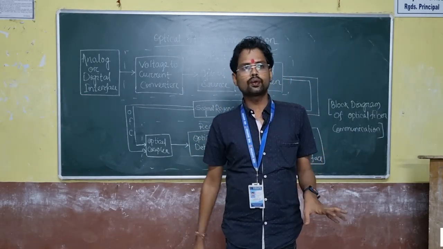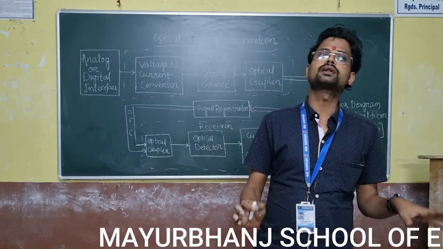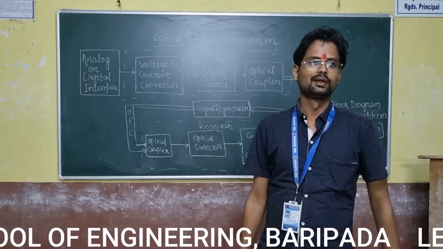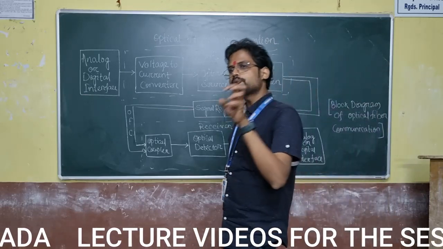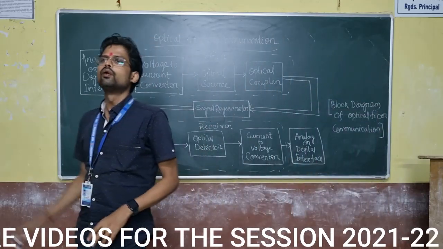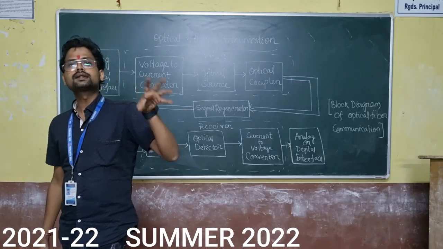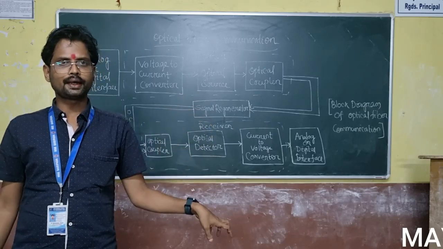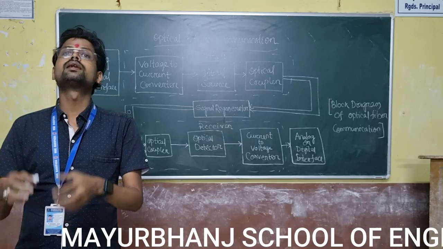The optical source is the main hero of this optical fiber communication system. Why is it named the hero? Because it is the main element of optical fiber communication, where the signal in current form is converted to light energy or a light signal.